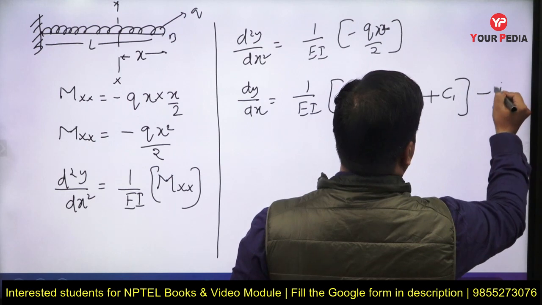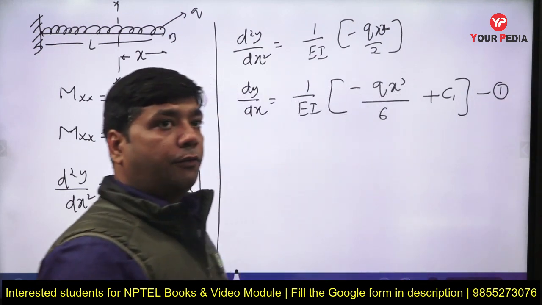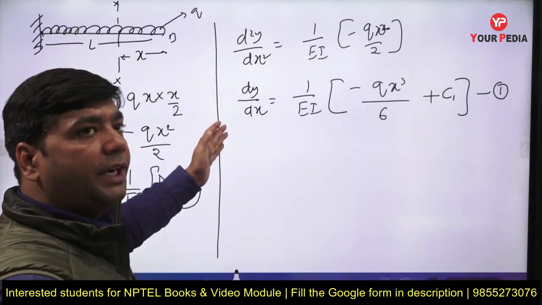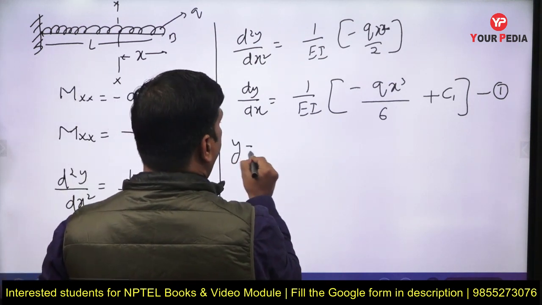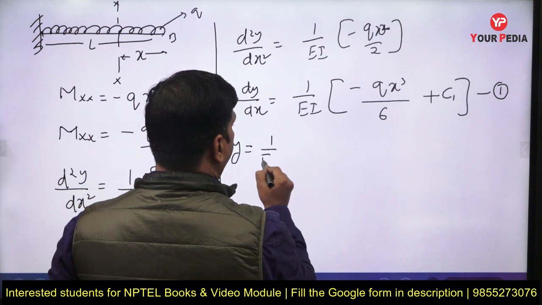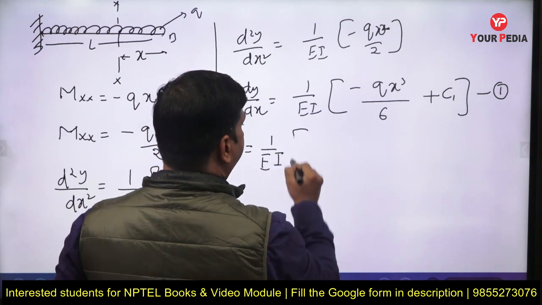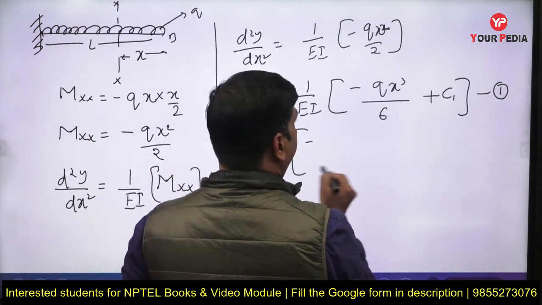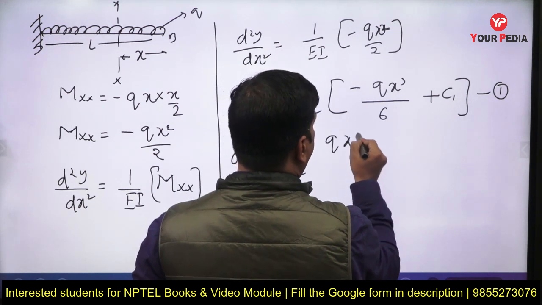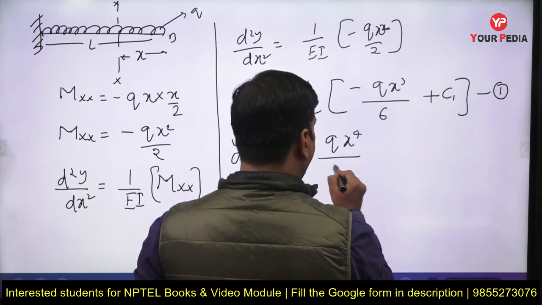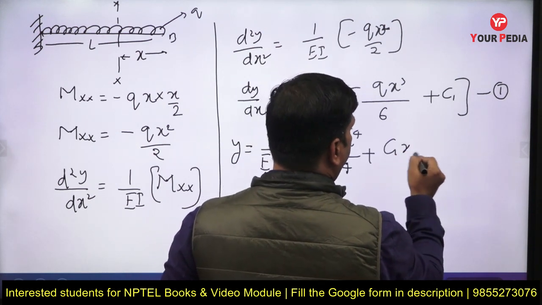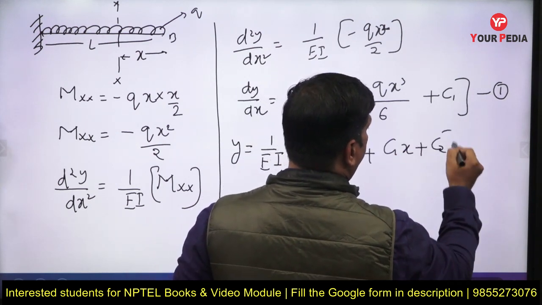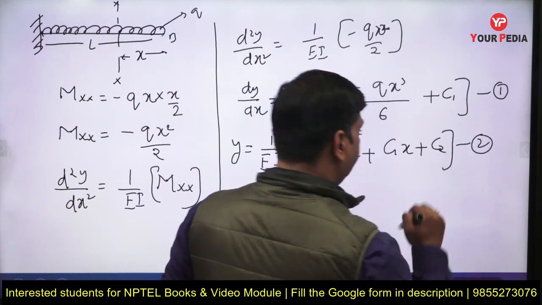This is equation number 1. For the deflection, we integrate again. So y equals 1 upon EI into minus q x to the power 4 upon 24, plus c1 x plus c2. This is equation number 2.